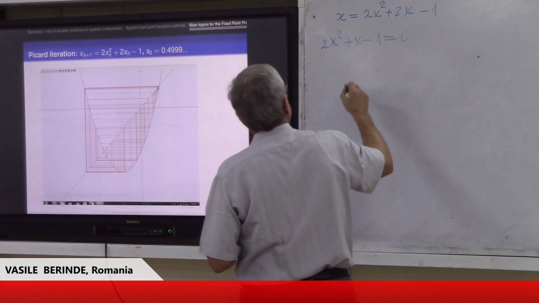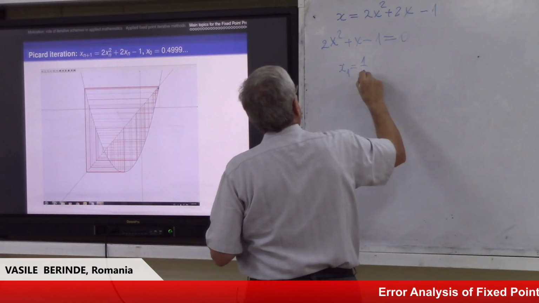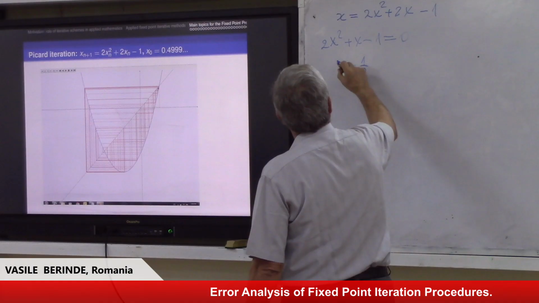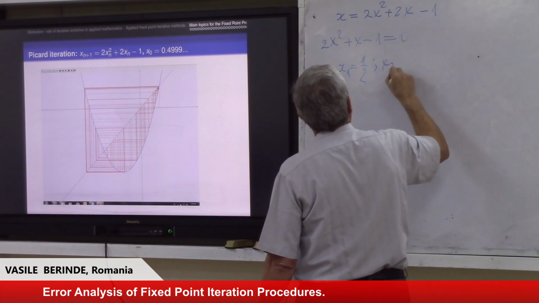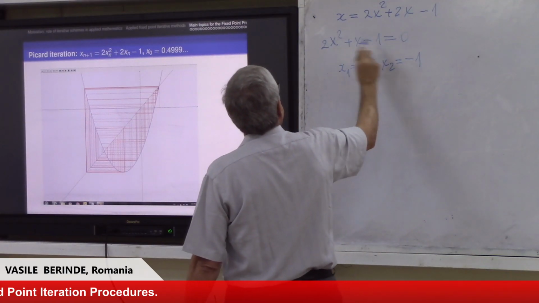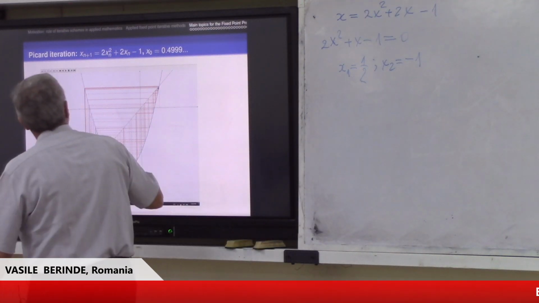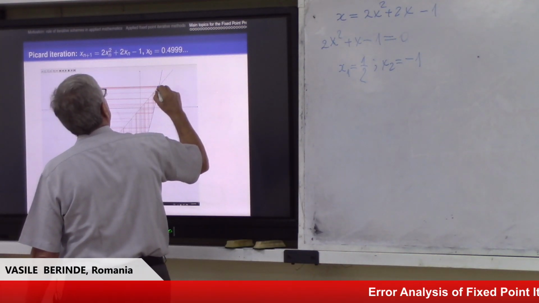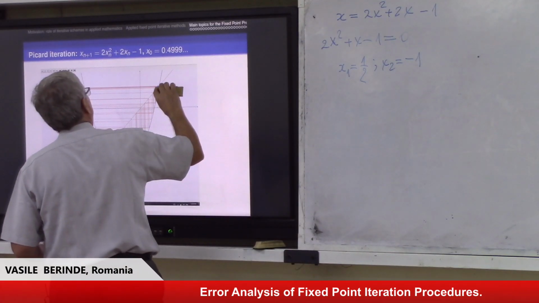If I'm not wrong, one root is 1/2, and the second one is minus 1. Okay, these are the roots. So these are the fixed points. Look, this is minus 1, and I moved this a little bit. These are the fixed points.